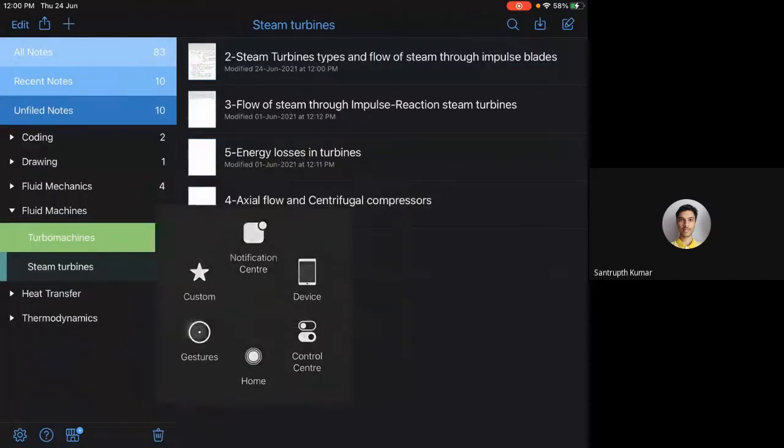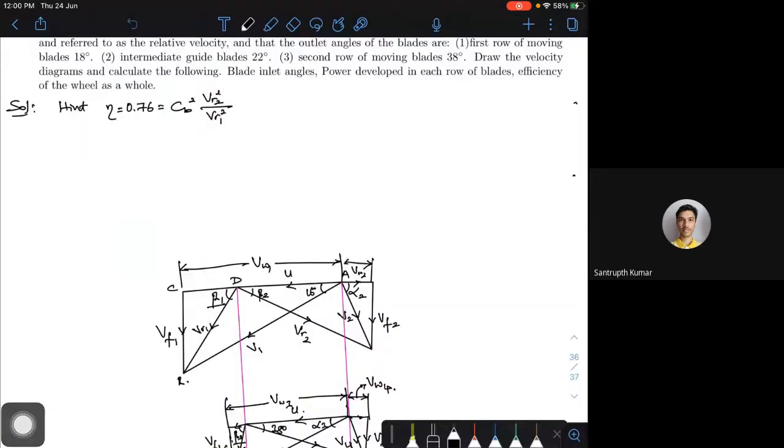Then what is your Cb? Cb is equal to square root of 0.76. So if I take it, actually I'm getting around 0.872. One more clue I can give is, this is Vr2 by Vr1.